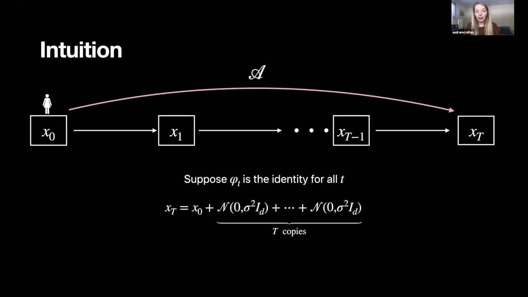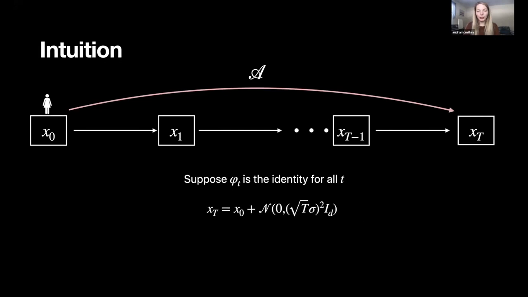Then all that's happening is that at each step, I'm just adding Gaussian noise. So I'm taking x0, and by the time I get to xT, I've added T copies of Gaussian noise to it. And we know that when we sum T Gaussian noise distributions together, I just get one Gaussian noise with higher standard deviation. The standard deviation is now square root T higher.